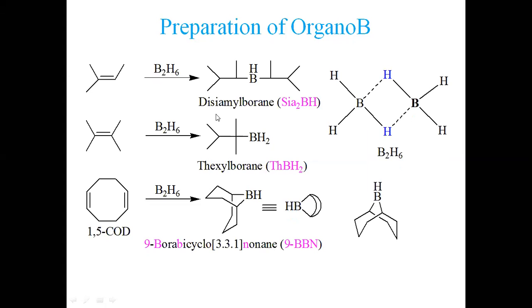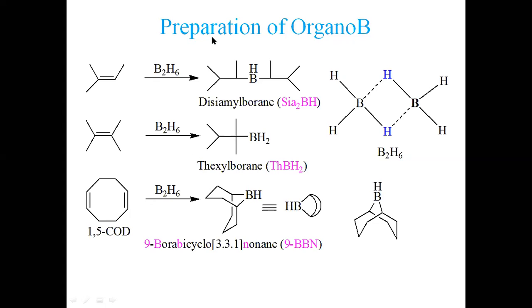This group is in fact called hexyl. So that's why this is called hexylborane. It is presented as ThxBH2. You see here there is a BH, boron bonded with one hydrogen only, because two successive additions have taken place. Here it is not sterically much crowded, but here it is sterically highly crowded. That's why only one borane addition has taken place. This is called hexylborane.